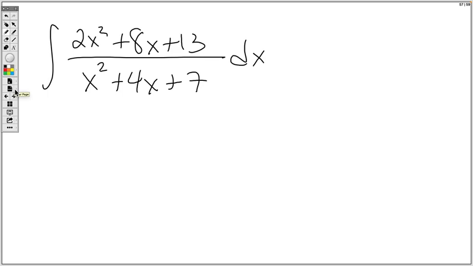Now, in order to apply the partial fraction decomposition stuff, you need to make sure that you have a proper rational function. Proper rational function means the degree of the numerator is less than the degree of the denominator. In this particular case, what's the degree of the numerator? What's the highest power of x in the numerator? What's the degree of the denominator? It's also 2. That means we have to do long division. Okay?